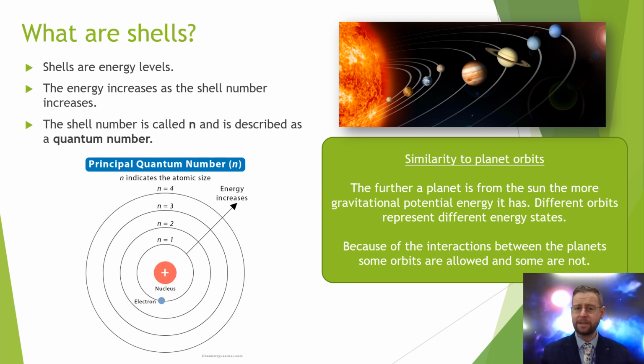Now these don't entirely map to the periodic table. It might be nice to think that period 1 is n equals 1, period 2 is n equals 2. There is a problem, and we'll introduce that later on. But for now, you need to imagine that it is like planets in some way, but different in other ways.